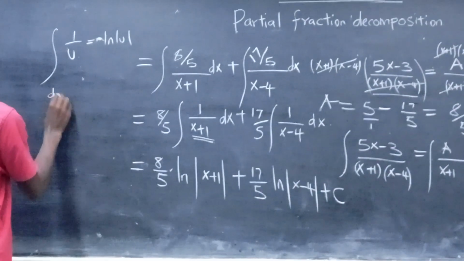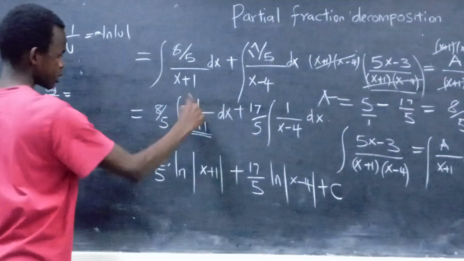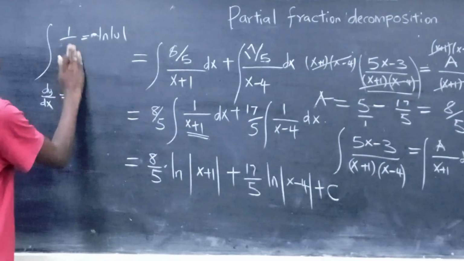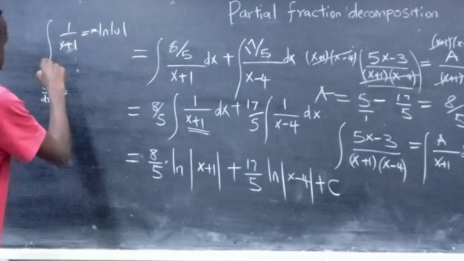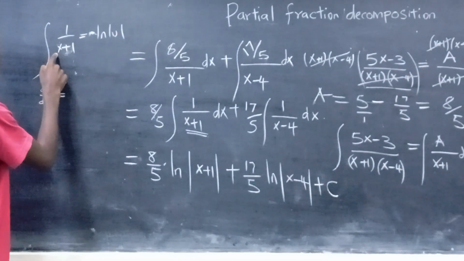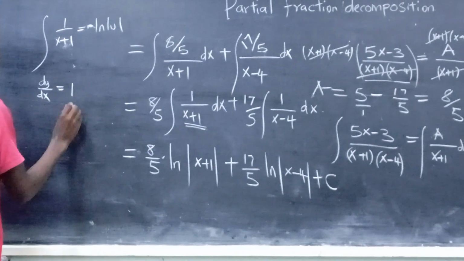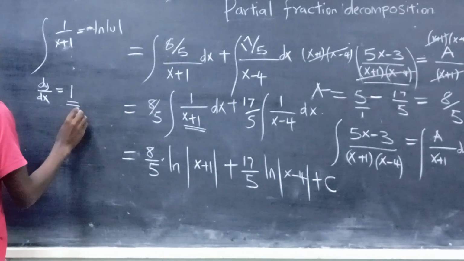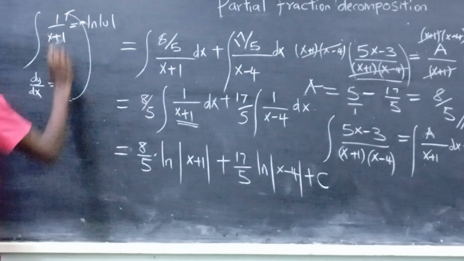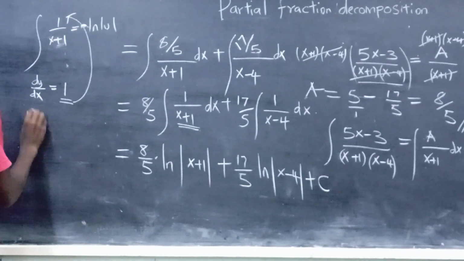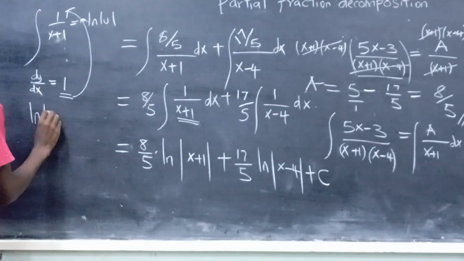For example, let's use this, over x plus 1. What's the derivative of this denominator? It's just 1. Okay? So once the derivative of the denominator is the same as the value in the numerator, we are allowed to write ln of the absolute value of the denominator, right?